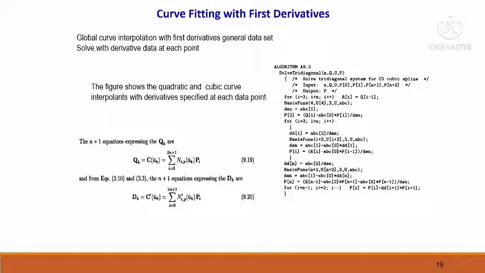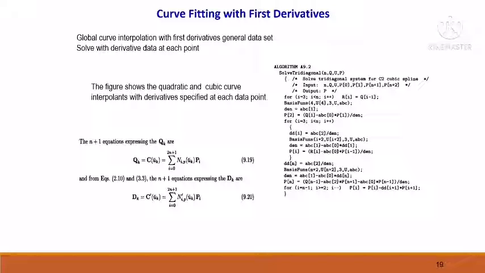Here we will see how the first derivatives happen and what algorithm is included in this tridiagonal system. Here this is just a function. We want to solve the tridiagonal system from cubic splines. All the inputs mentioned here are n, q, u, and p, and we want to get a final output for p here.